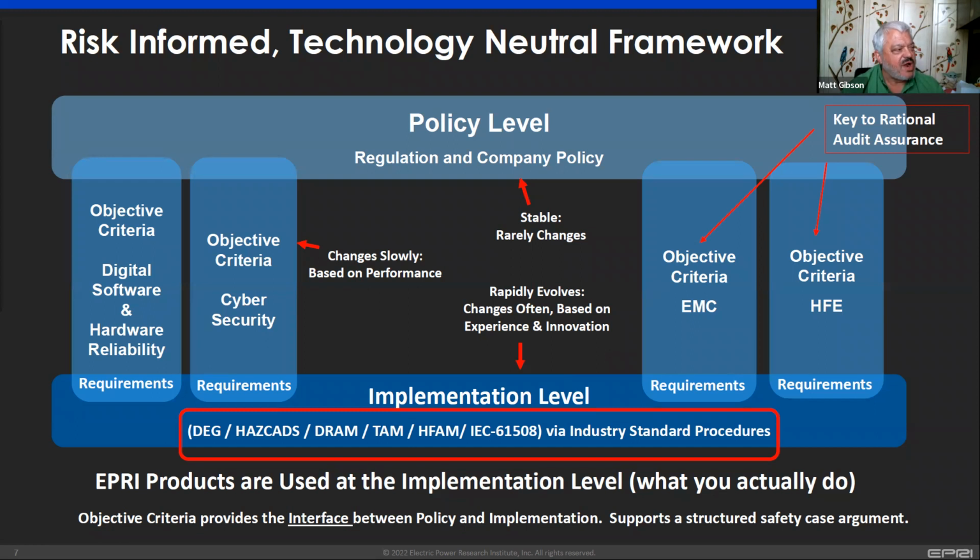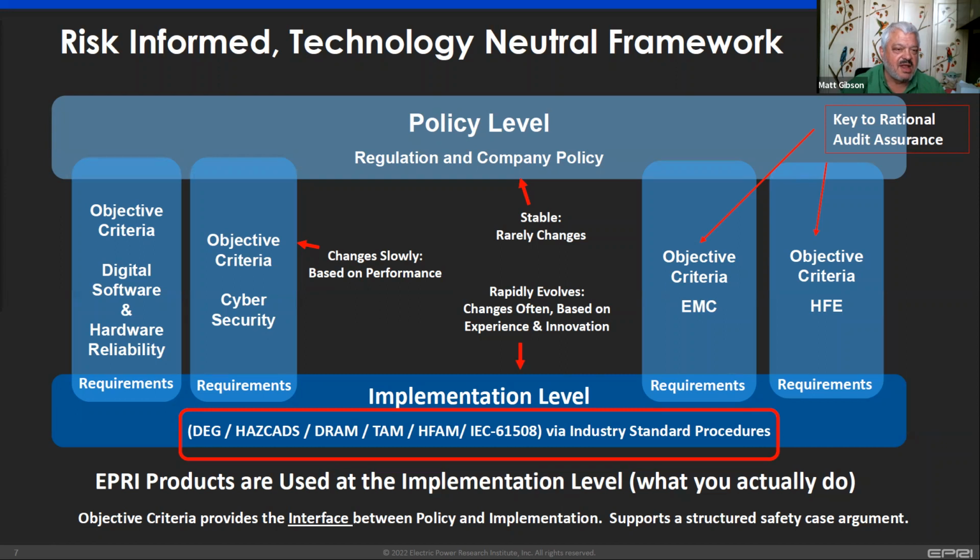creates an objective criteria. Now, I want to point this out, because this is the risk-informed performance-based community of practice, is having an objective criteria connector between your regulation, and we're assuming here that your regulation doesn't try to actually do engineering for people.